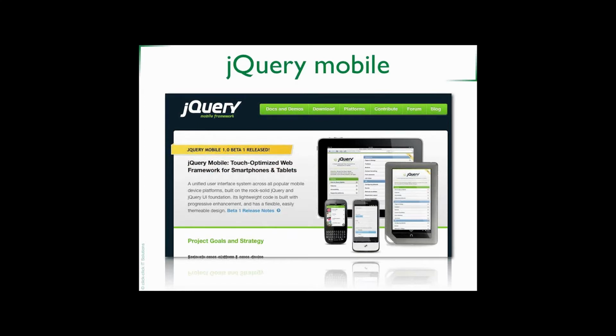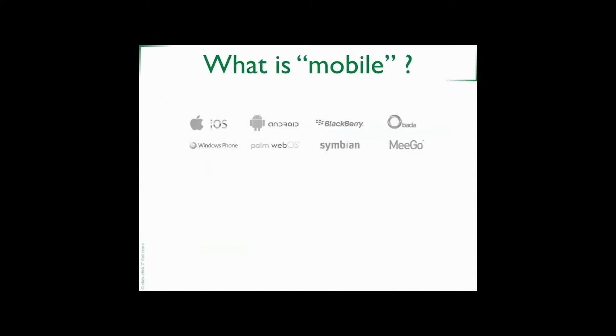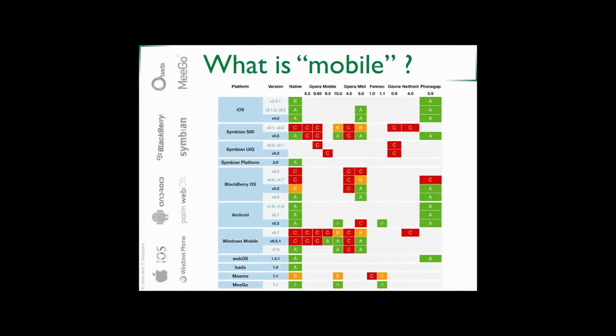jQuery Mobile tries to cover the whole range of mobile devices. As you can see, it tries to cover iPhone OS: iPhone, iPod, iPad, Android for smartphones, Android for tablets, BlackBerry, Bada, Windows Phone, and whatnot. What they did is create a kind of support matrix.